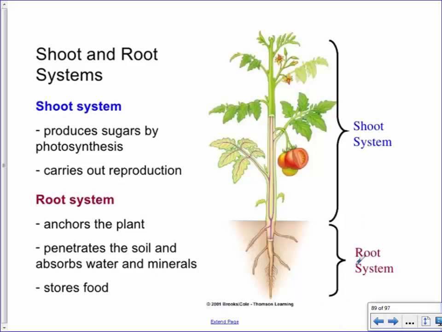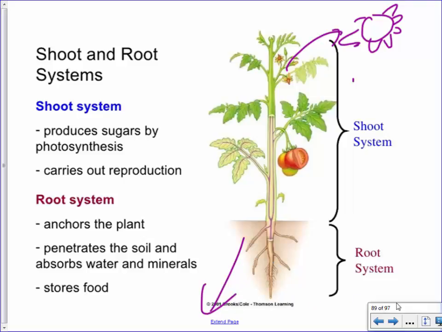You guys remember the terms root and shoot systems? The shoot system, the top half of the plant, grows towards the sun. But the bottom half of the plant, the root system, actually grows away from the sun. We call that positive and negative phototropism.